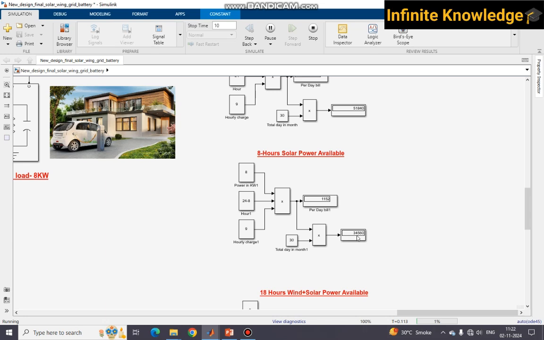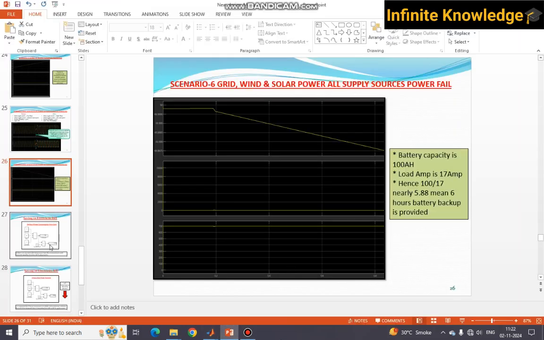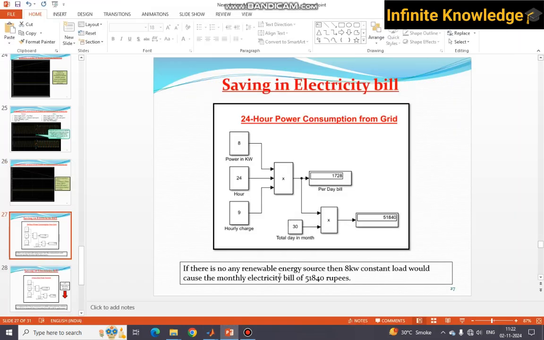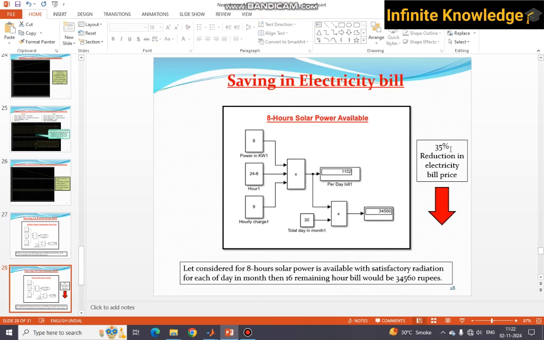So your electricity bill, initially 51,840, is reduced to 34,560, a reduction of about 35 percent.